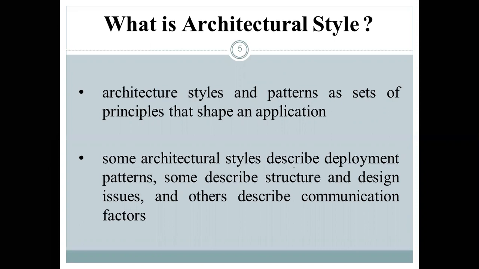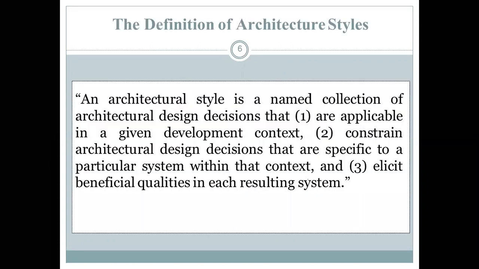Okay, there are different architectural styles we have seen before that slide. So what is the actual definition of architectural style? An architectural style is a named collection of architectural design decisions that are applicable in a given development context.